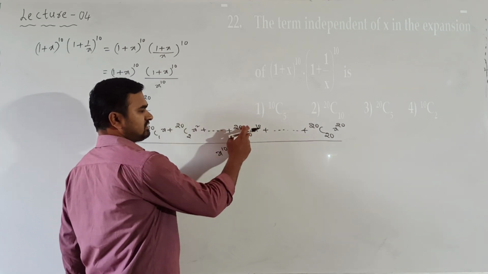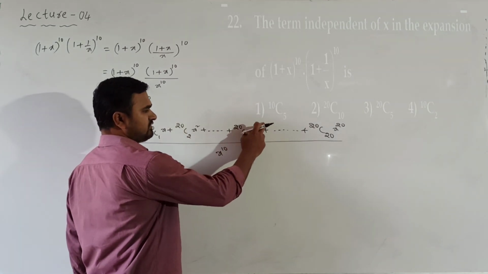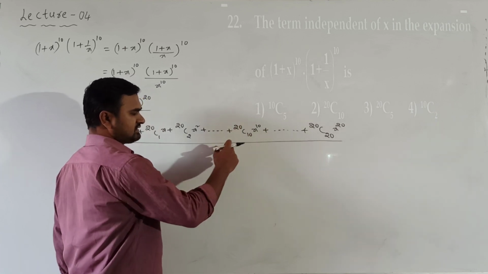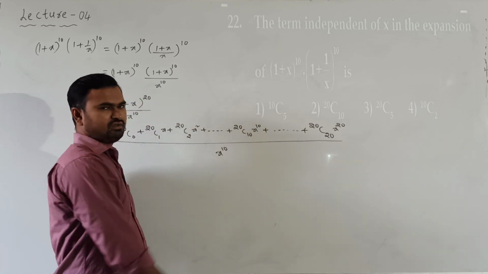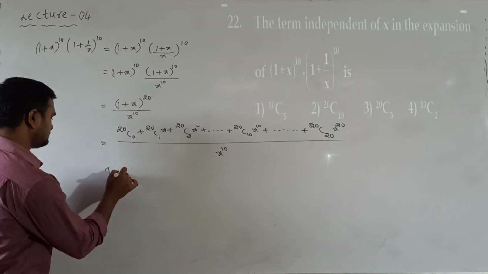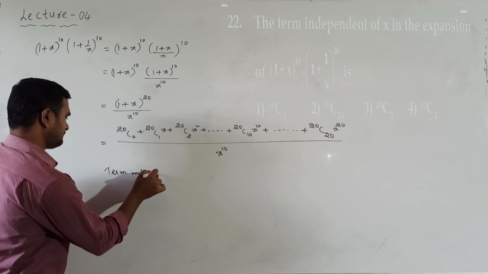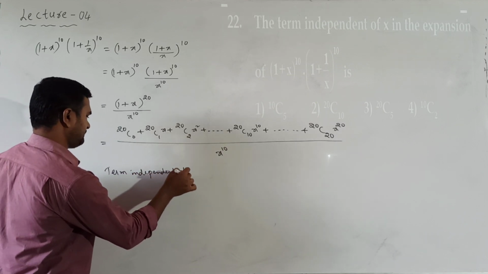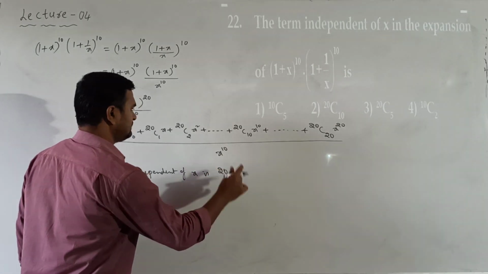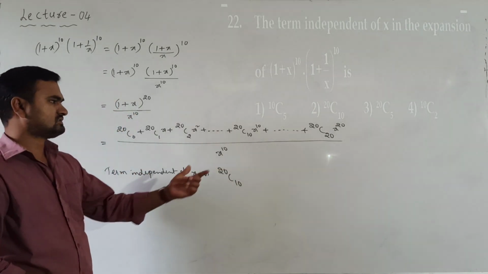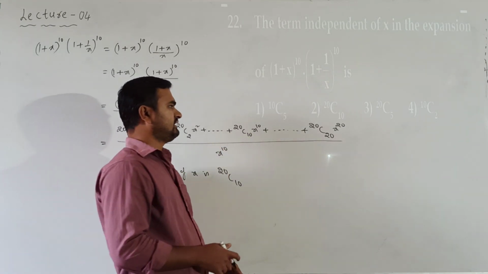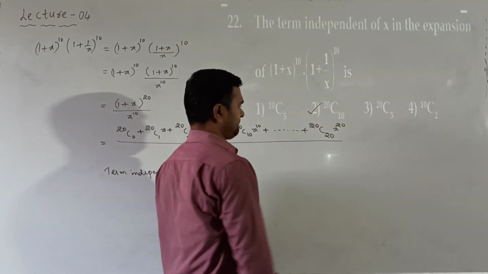So we get a term independent of x when we have x^10 in the numerator and x^10 in the denominator, which get cancelled. So only this term doesn't have an x term. So the term independent of x is 20c10, and the required answer will be 20c10.